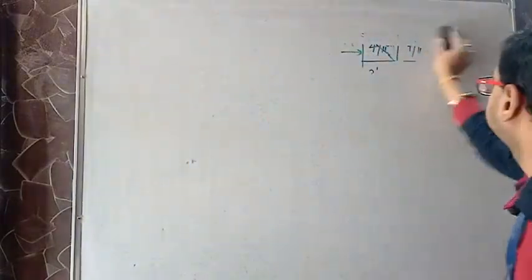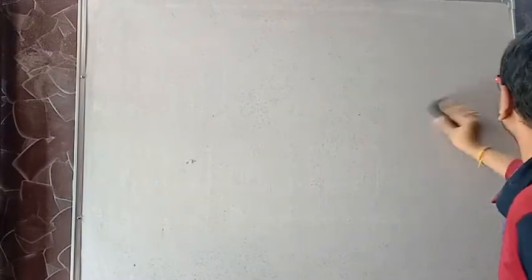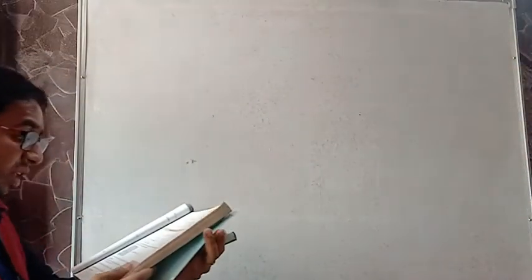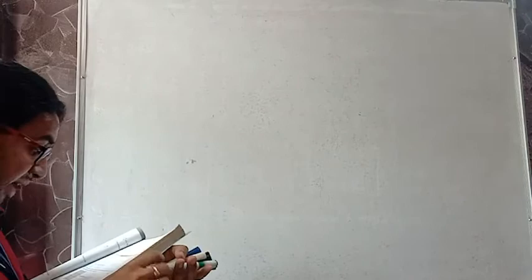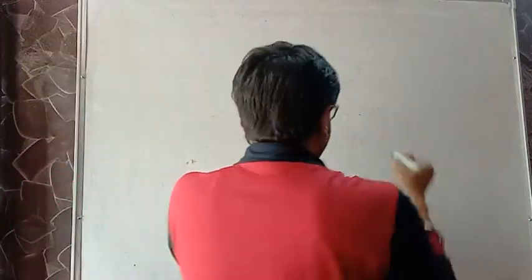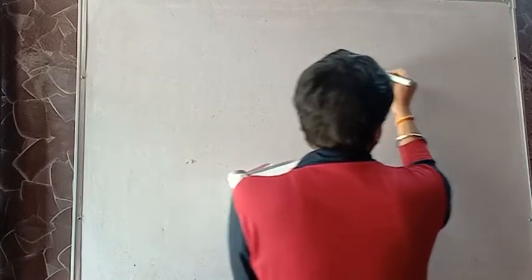Question number 4. A rectangular sheet of paper is 12 1 by 2 centimeter long and 10 by 2 centimeter wide. What is its perimeter? We have a rectangular sheet with us.